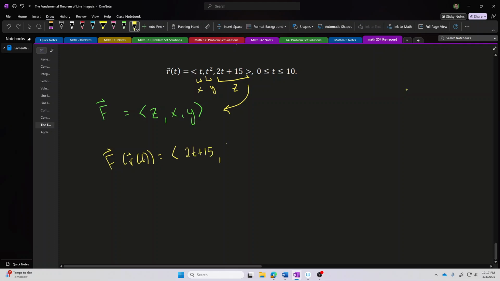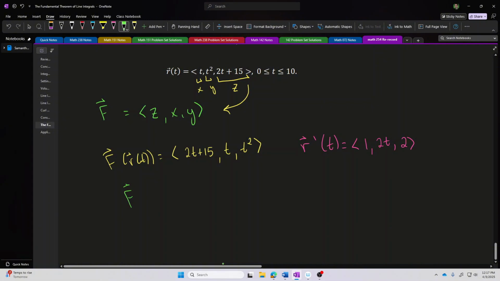X gets replaced by t, and y gets replaced by t squared. Now I need to find the tangent vector for this parameterization, the derivative of r of t, which I can find component-wise. T becomes 1, t squared becomes 2t, and 2t plus 15 becomes 2 after the derivative is taken.